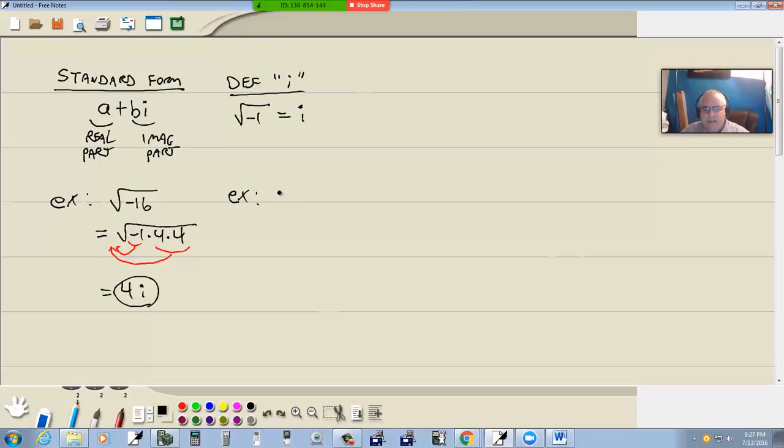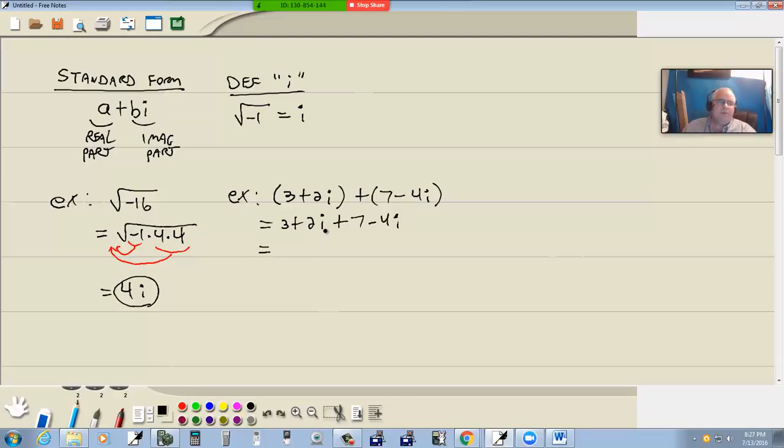Now, in some cases, you'll be adding complex numbers. You've got 3 plus 2i plus 7 minus 4i. Now these parentheses aren't doing anything, so I can drop them. So I've got 3 plus 2i plus 7 minus 4i.